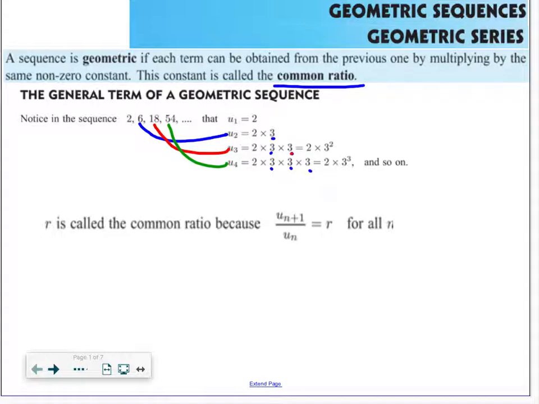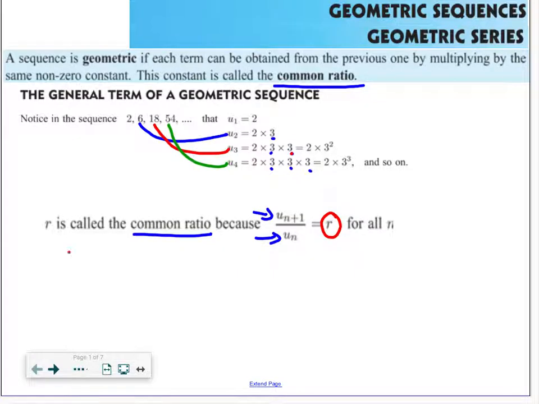If you're ever given a sequence and you want to test to see if it is geometric, what we want to do is make sure there's a common ratio. In order to do that, you take u_(n+1), a term after the previous term, divided by u_n. If you look at 3 or 4 of the terms you have, and they all give you the same common ratio, then you can say that it's a geometric sequence.